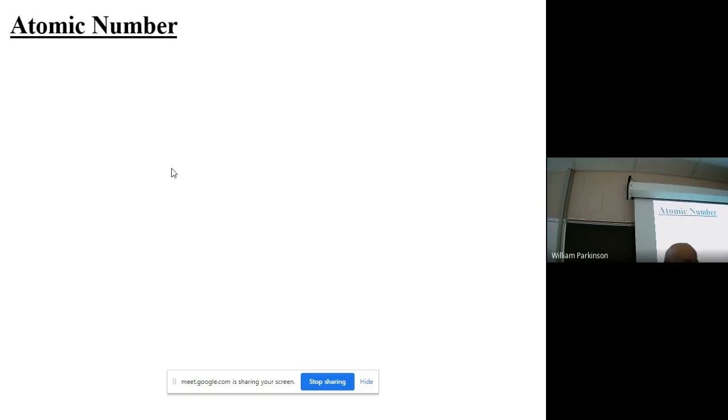Okay, so what we're now going to do is we're still talking a little bit about the structure of the atom, and we're going to systematize our idea of the structure of the atom.